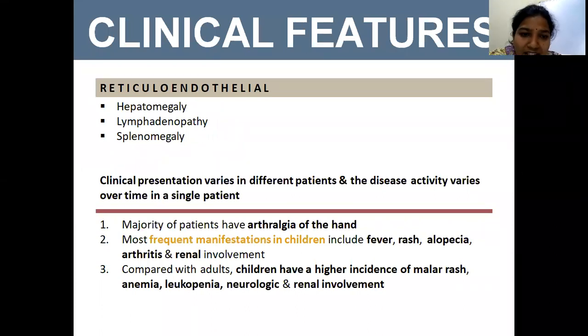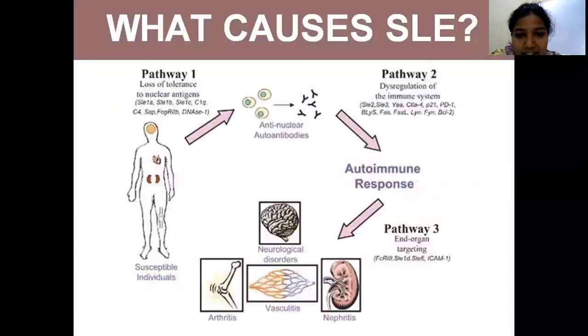Majority of patients have arthralgia of the hand. Most frequent manifestations in children include fever, rash, alopecia, arthritis, and renal involvement. Compared with adults, children have higher incidence of malar rash, anemia, leukopenia, renal and neurological involvement. In renal involvement, mostly the child presents with proteinuria and edema.